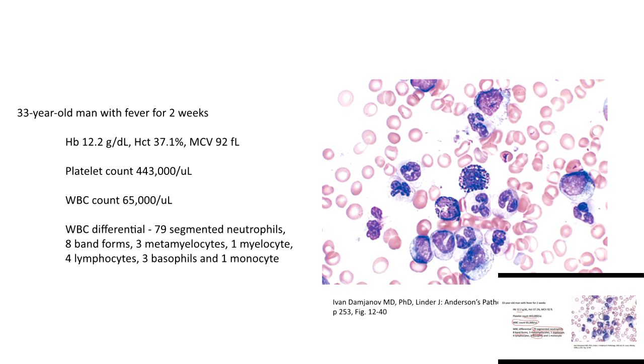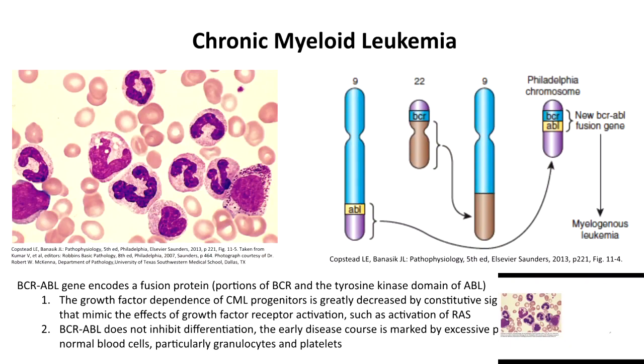Again, that's one of the basophils, and we see neutrophils that look almost like mature neutrophils. In fact, it would be very difficult to say otherwise just by looking at this slide. And precursor forms, band forms, metamyelocytes, and even myelocytes. This, by now, you would have realized is a chronic myeloid leukemia.